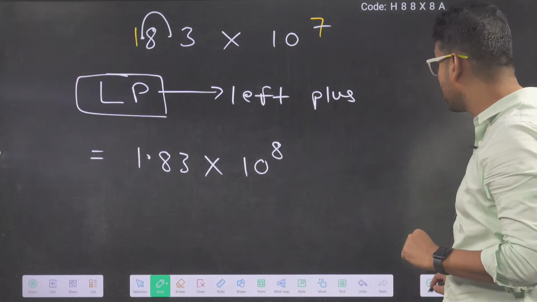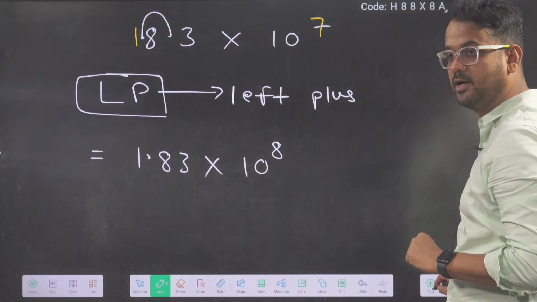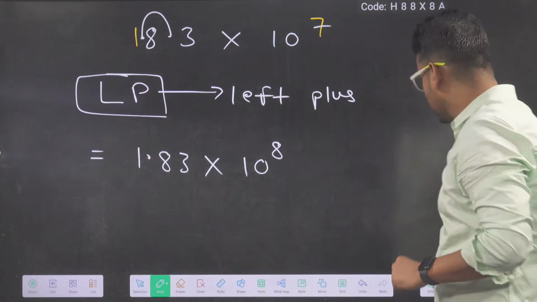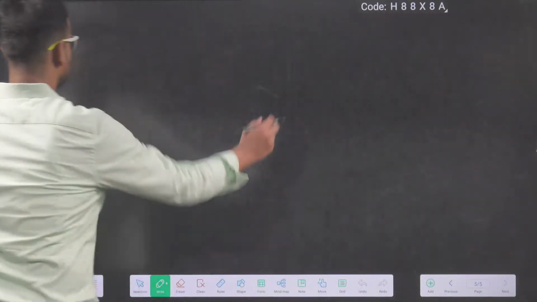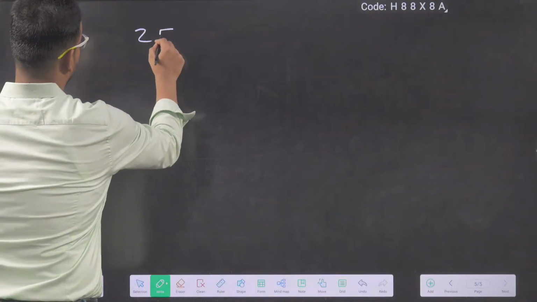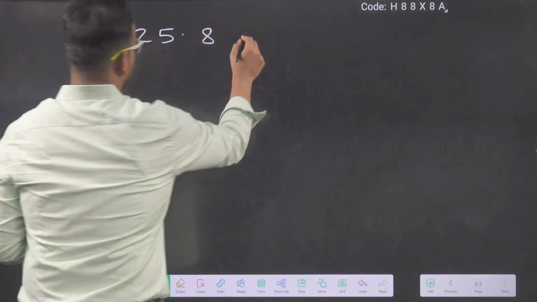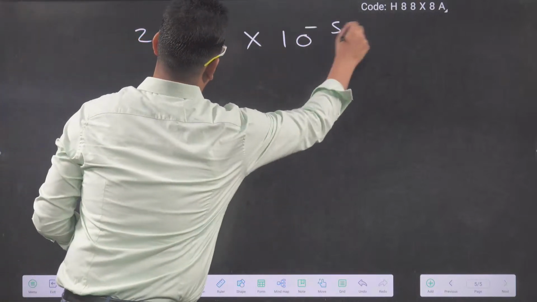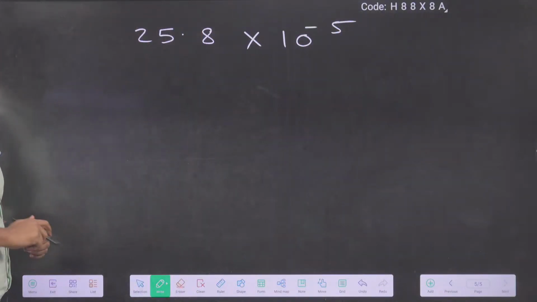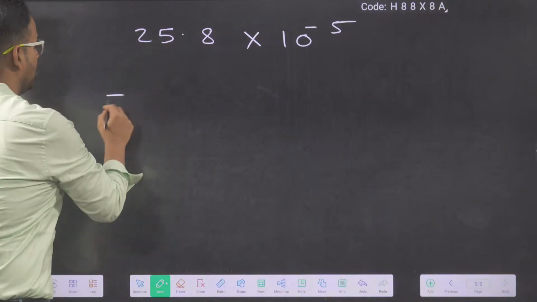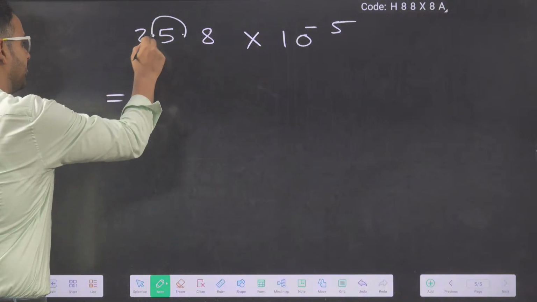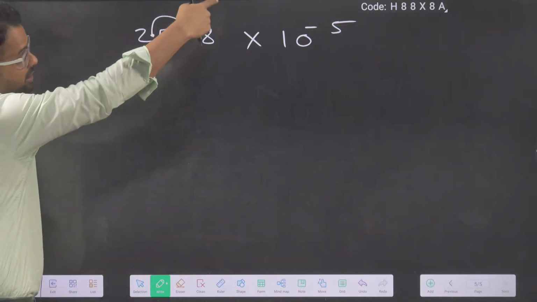Okay, one more example on scientific notation, quickly. Left plus. 25.8 into 10 to the power minus 5. Write this in scientific notation. So one place to the left, and power increases by 1.